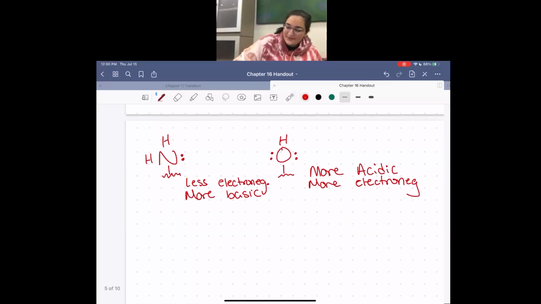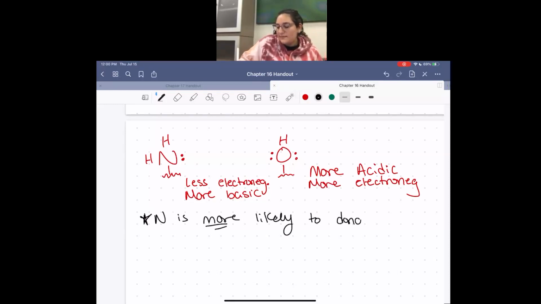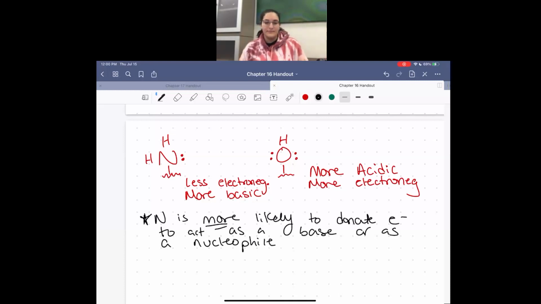So remember, nitrogen is more likely to donate electrons to act as a base or as a nucleophile. This is an important concept. It's important for you to know the idea behind it. If I ever ask you which one is going to be a nucleophile, nitrogen or oxygen, the answer is probably going to be nitrogen.